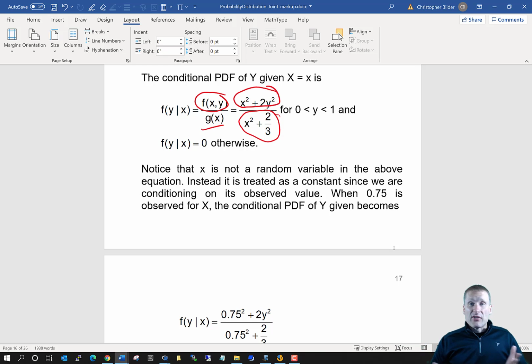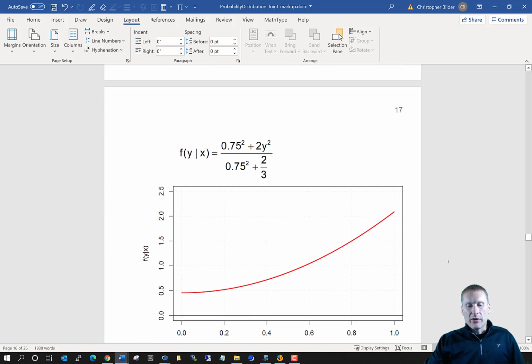Sometimes you'll be able to simplify this a little bit further in terms of making it a nice mathematical expression. Here, you're not going to be able to really simplify it much. Notice then this is defined over all the possible values of y that y can take on. Again, you're conditioning on a particular value of x. This could be, let's say, 0.75. And in fact, that's what I have next in the notes.